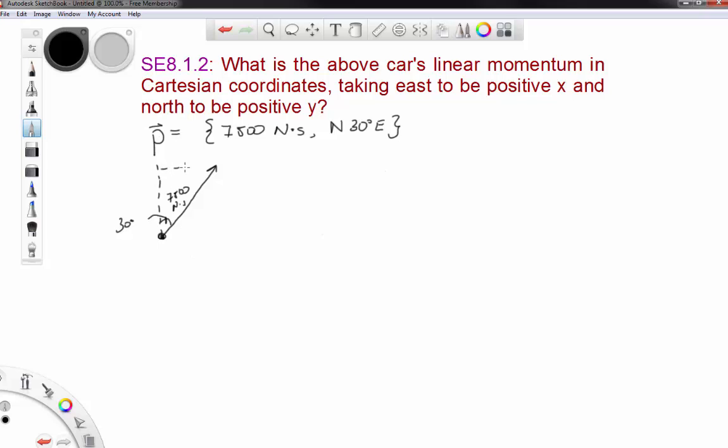So if we wanted to split this into x and y, then we can either figure out what this other angle right here is, which would be 60 degrees because these two add to 90, and then use our sine for y and cosine for x, or we can take this angle and use sine for x and cosine for y. Either way should get the same result.